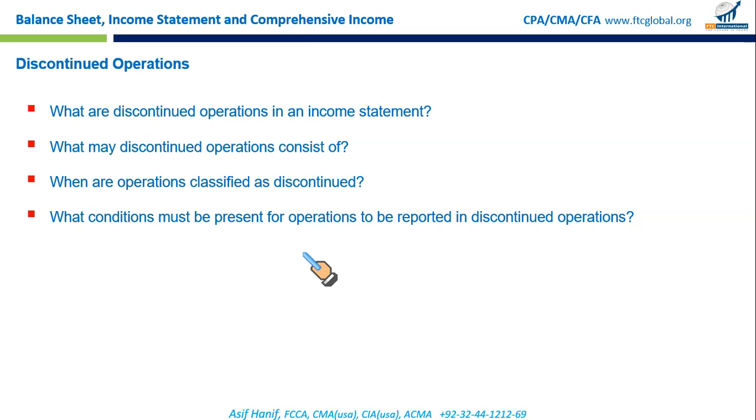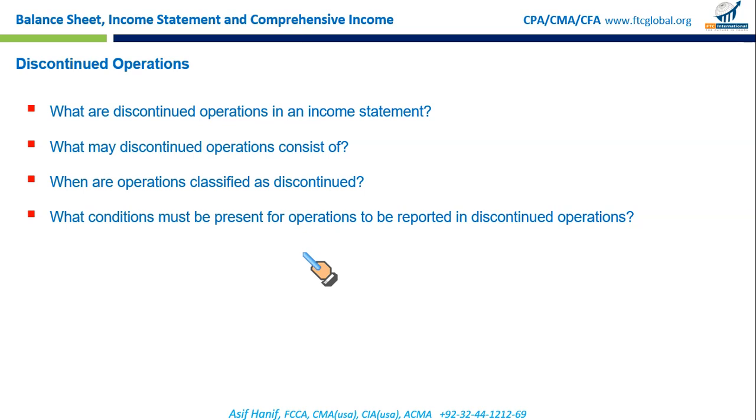Then it says, what conditions must be present for operations to be reported in discontinued operations? Yes, there are certain conditions to be met. The operations that you're discontinuing must represent a strategic shift that will significantly affect your business operations and your financial results.